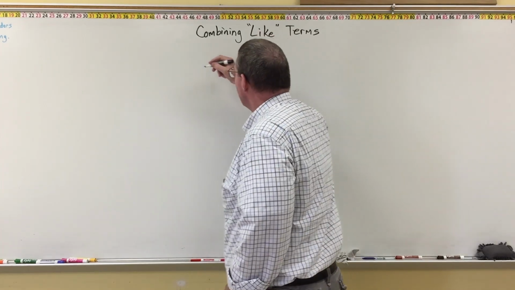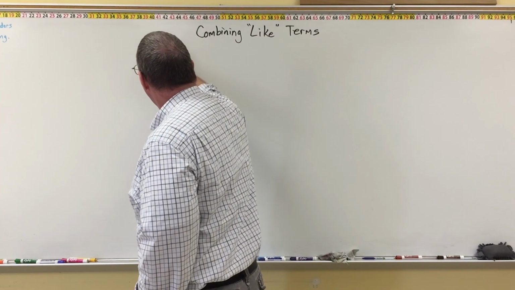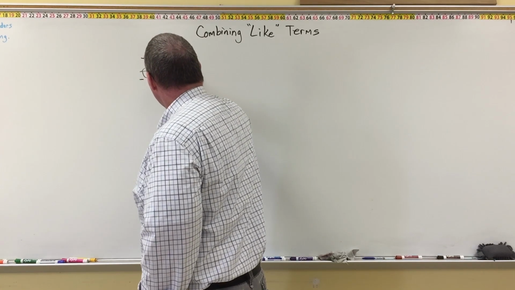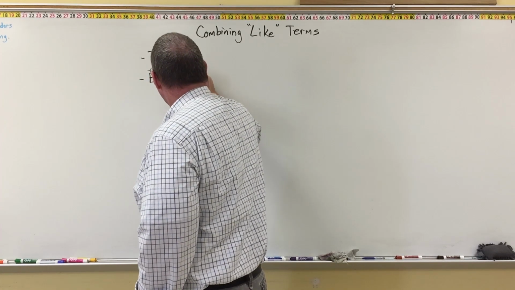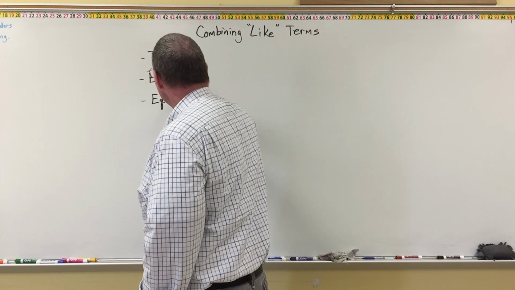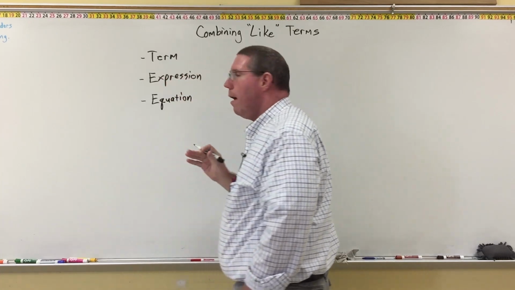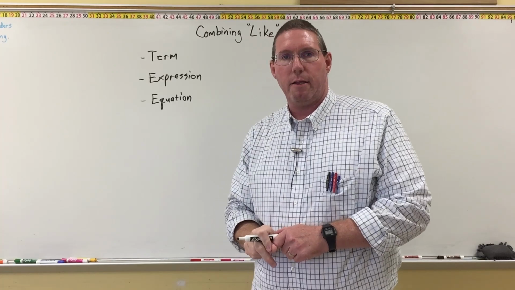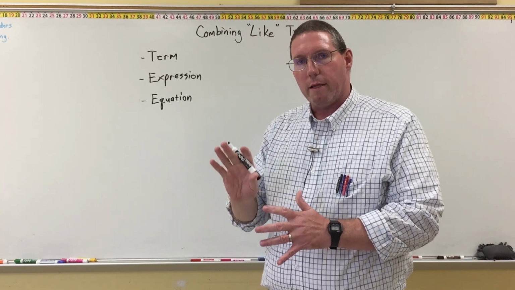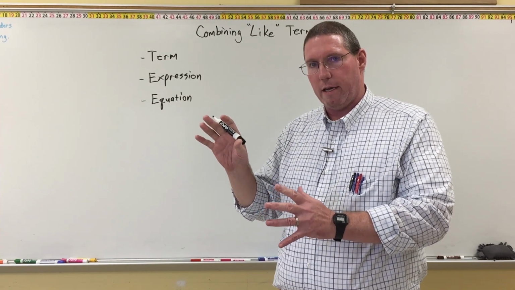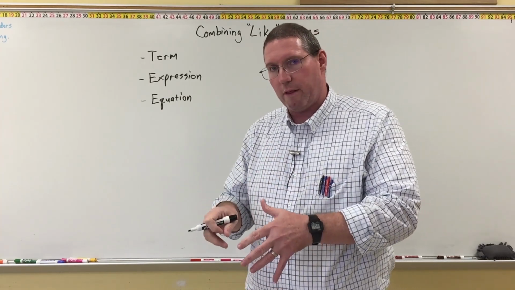What I'm going to talk about is the difference between a term, an expression, and an equation, okay? Now these are conventions for communicating mathematically. There is no mathematical judge out there that has decided in a dictionary that this is exactly what these things are.